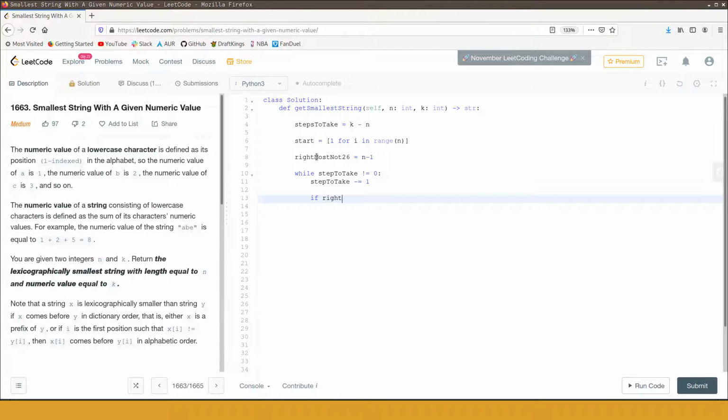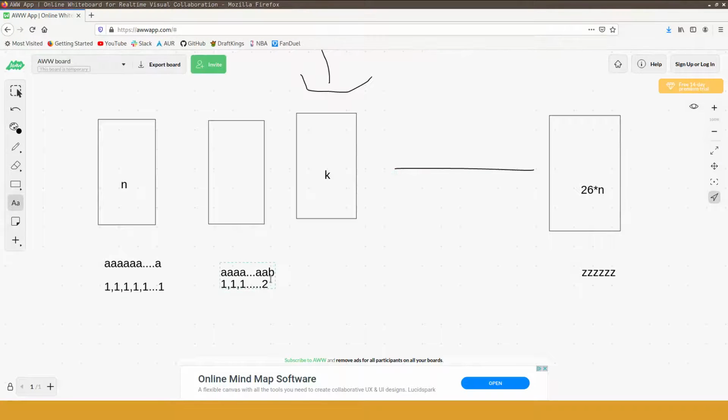If the rightmost not 26 is equal to 26, then we know we have to essentially shift 1 to the left. This is the case when, let's say, I encounter something like this.